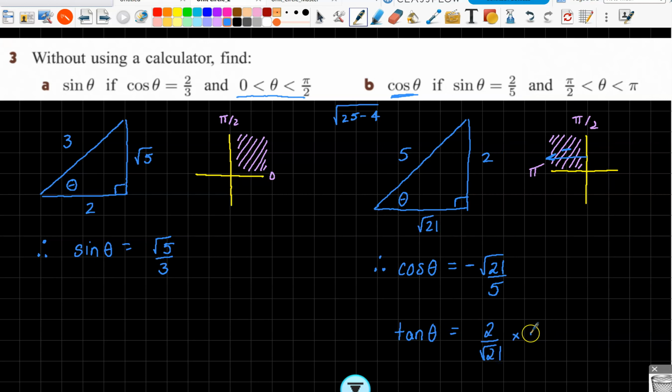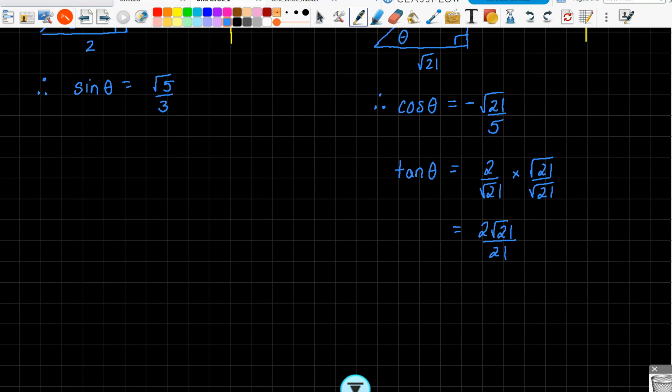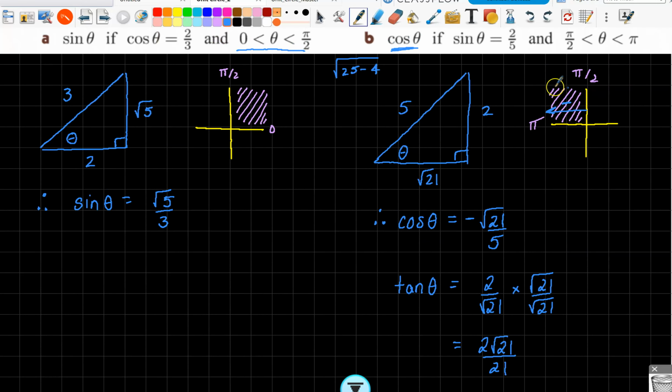I'm doing this without a calculator, and you can too, but if you really don't want to, then whack that into your calculator and it will tell you that it's 2 root 21 over 21. We go back up to our quadrant and in quadrant 2, what's the sign of tan? Now, sine is positive, but cos is negative, so a positive over a negative equals a negative, so that would have to be negative.